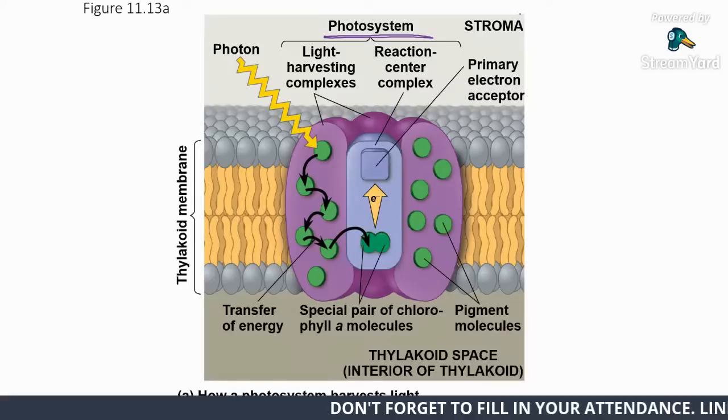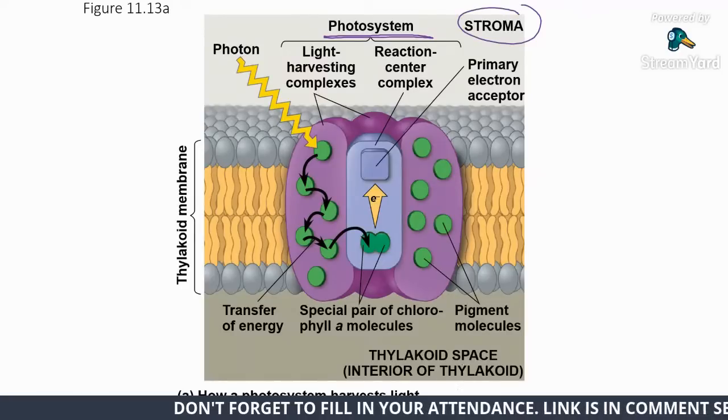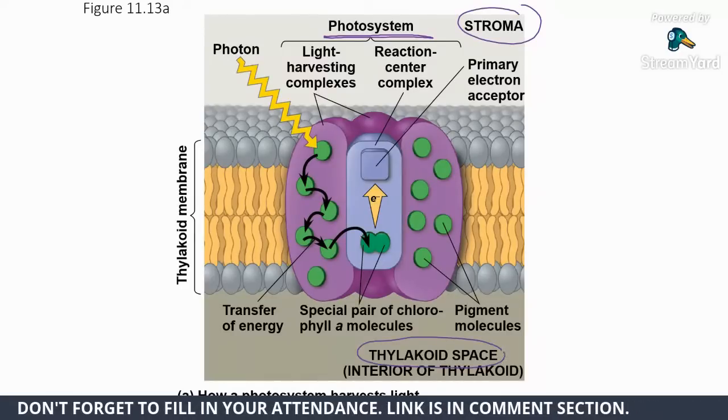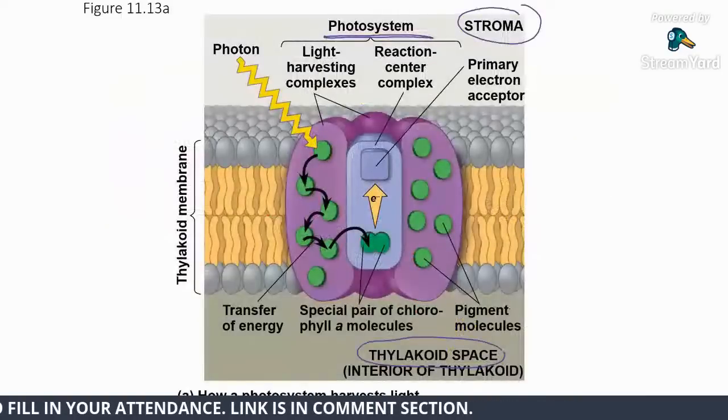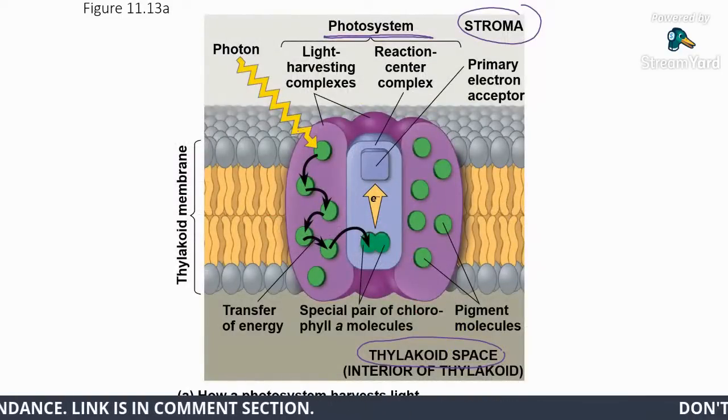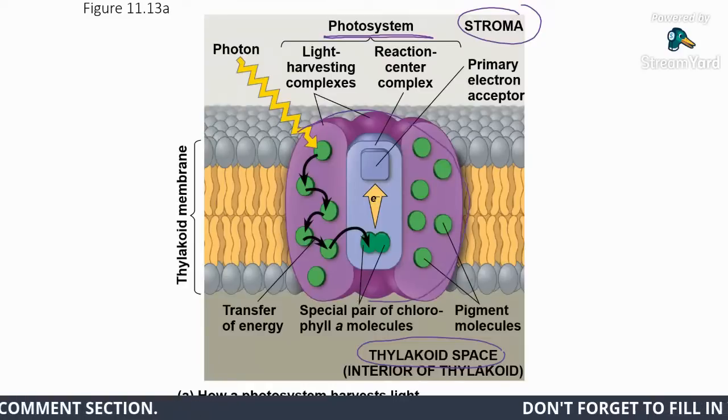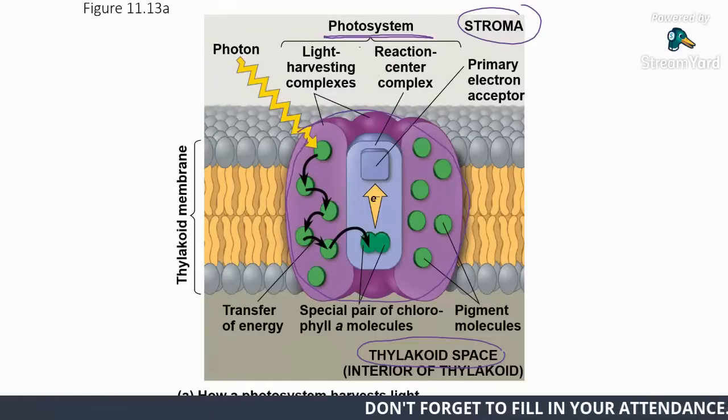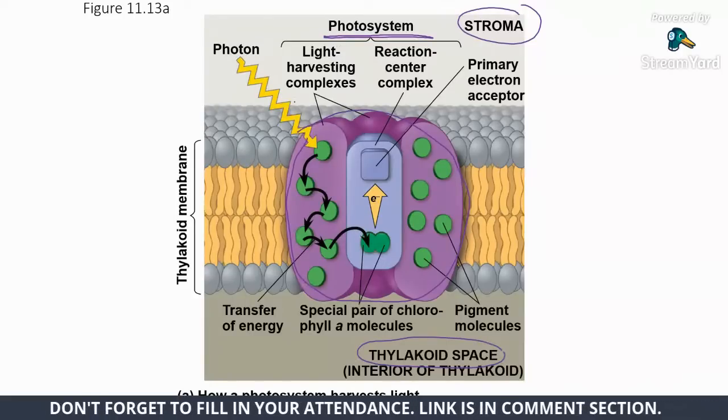In photosynthesis, you need to identify which part is stroma and which part is thylakoid space. Okay, so you need to know the structure of photosystem.